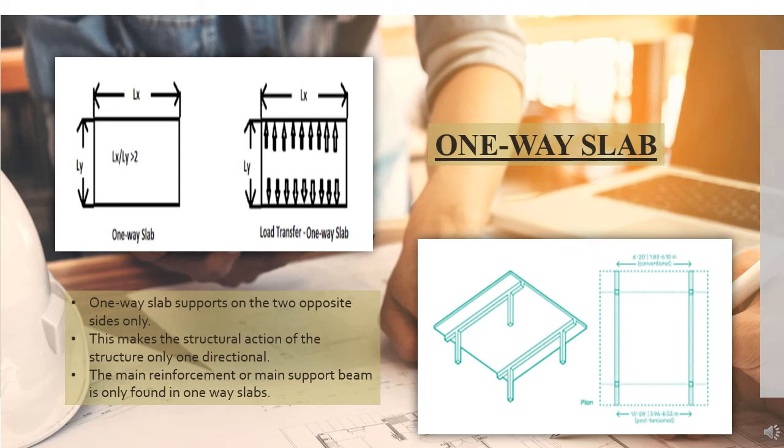They are designed to transfer their general loads to the opposite support walls. The actual structural support of a one-way slab is found on the shorter span. If the ratio is greater than or equal to 2, then it is considered a one-way slab.